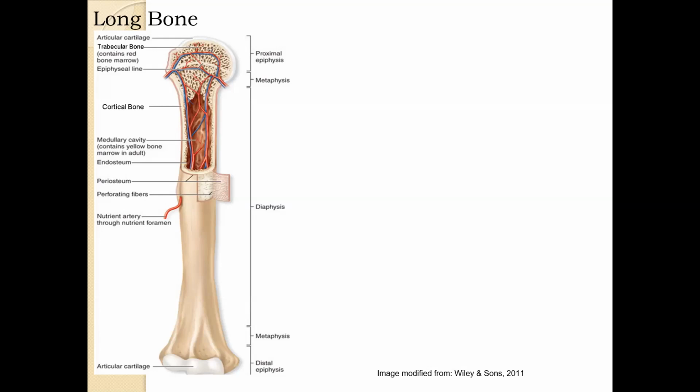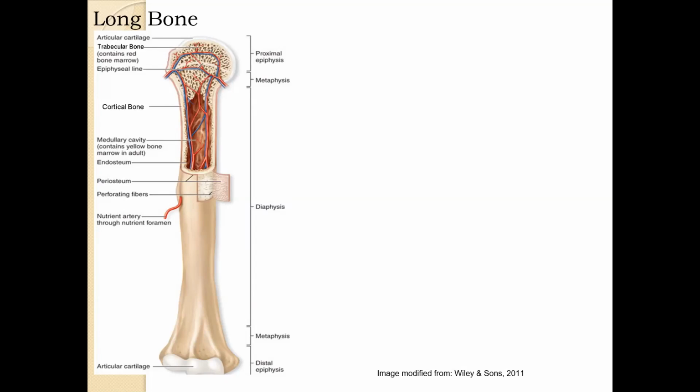I'll explain why that medullary cavity comes into play when we look at the physiology of the bone here in a second. In the medullary cavity, we're going to have a depositing of adipose tissue, what's referred to as yellow bone marrow. The yellow bone marrow is there to provide protection to the nutrient artery and vein passing through the bone, as well as the nerve to the bone that passes within the medullary cavity.